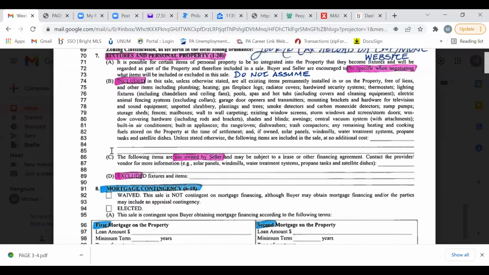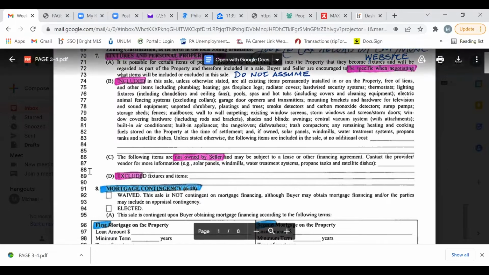But again, even with a security system, if there is a separate security system like Comcast or whatever, I usually will write that in that the security system stays so that my people don't have to buy the new equipment.